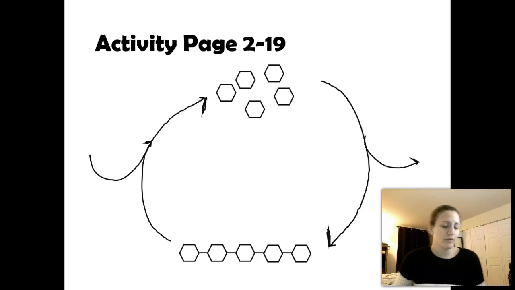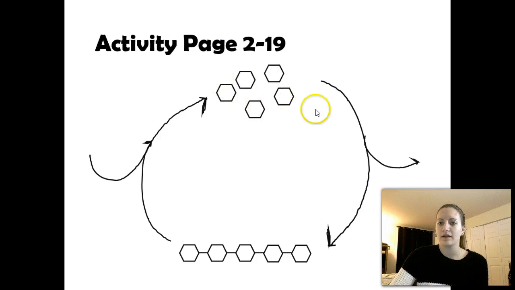Question 4 asks what process is happening between molecule C back to molecules A. So synthesis was creating them, and hydrolysis is breaking them down. So having a really large molecule and breaking it down into smaller molecules. Questions 5 and 6 are related.